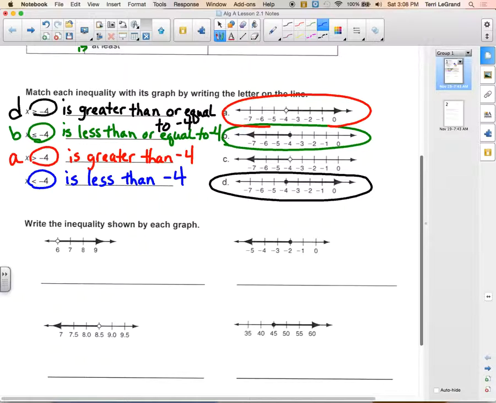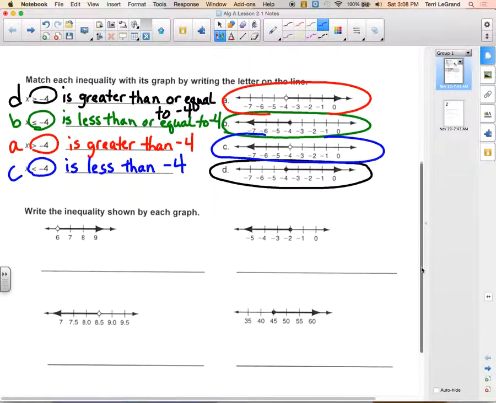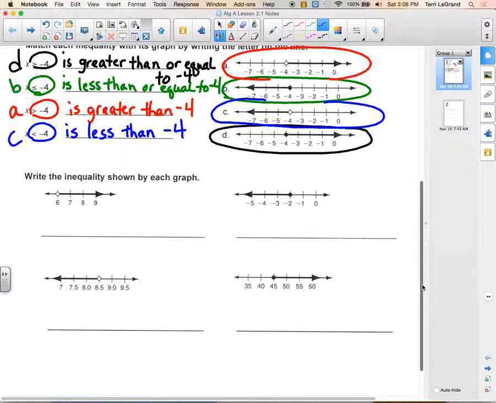So -4 can't be included, but numbers smaller than -4 can be. So sure enough, graph C does represent that. Okay, so it's important that we understand which graph matches the algebraic representation of the inequality. Okay, let's go on to writing the inequality now.